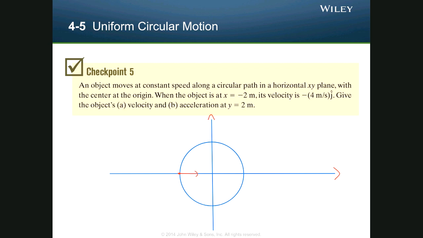This is at x equals -2. Find the point first. The velocity is at -4 meters per second.